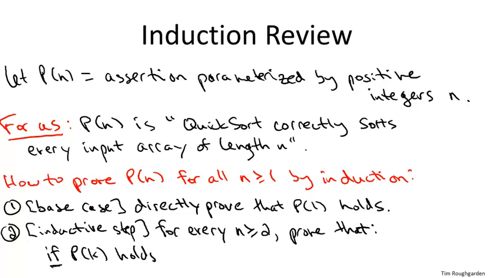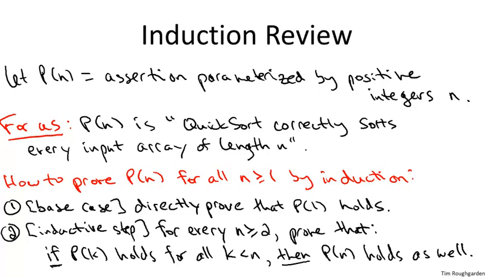That is, you show that for every positive integer n that's 2 or greater, you assume that P(k) holds for all k strictly less than n, and under that assumption, which is called the inductive hypothesis, you then establish that P(n) holds as well.